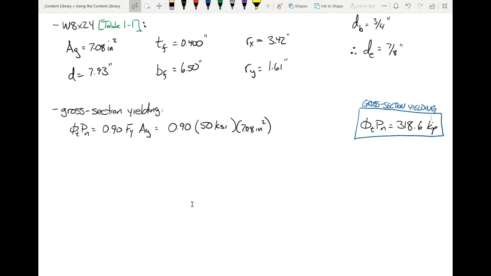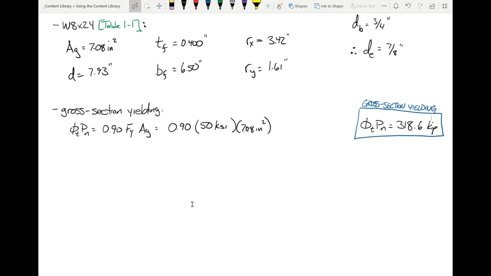Now, let's talk about the net section fracture. If we understand the expression for gross section yielding, what's the expression for net section fracture? It was 0.9 FY AG for gross section yielding. What about net section fracture? 0.75.